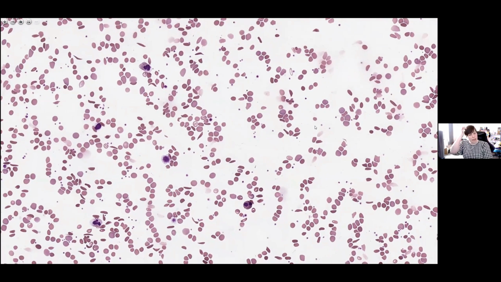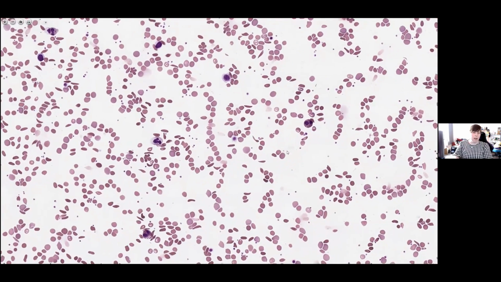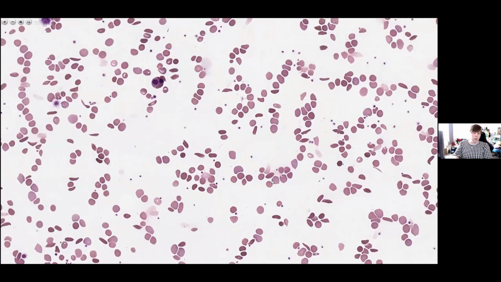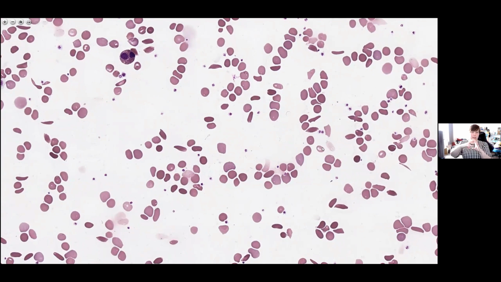Sure. It can be difficult because patients do sometimes have both in the one field. But with sickle cells, what you're looking for is that it is usually elongated. So it is not constrained by the shape that a normal cell would be.